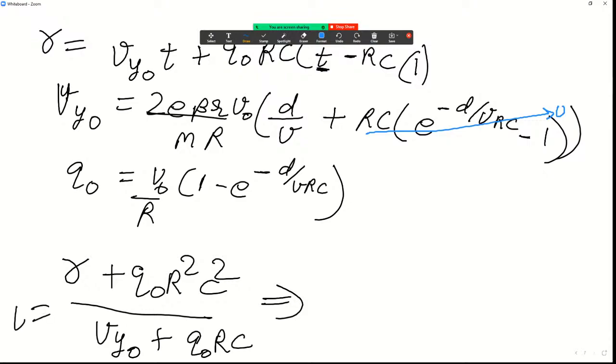This is our T. I think we have done some calculation mistake or this would become very ugly.